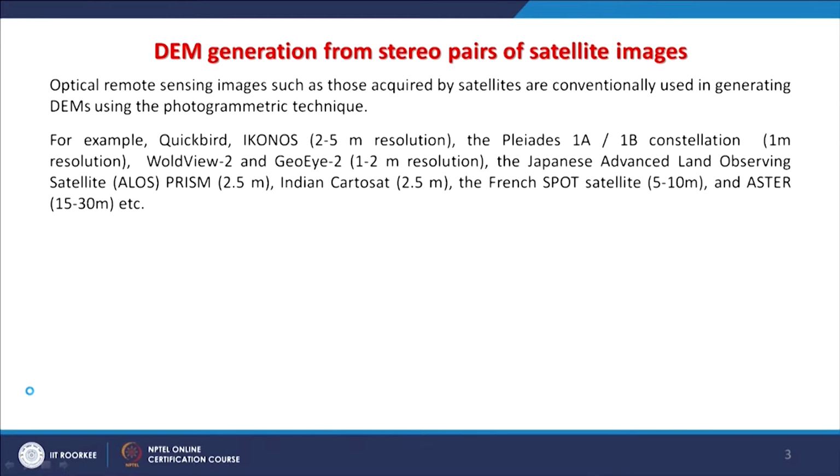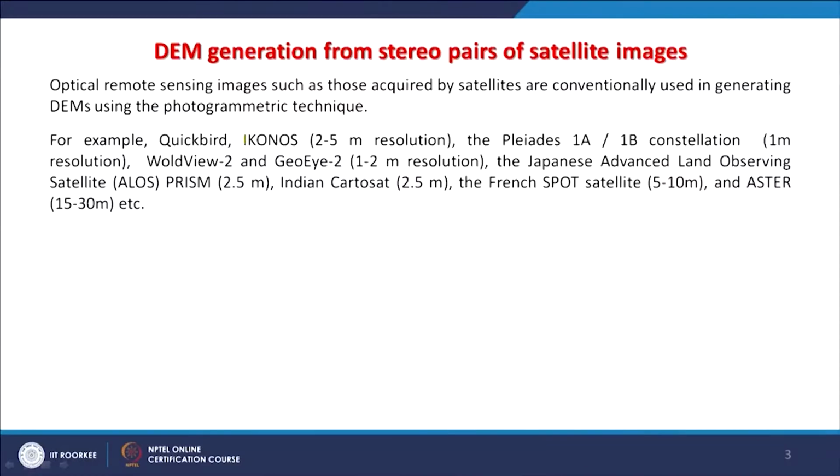For example, there are various satellites. The journey started using stereo pairs and generating digital elevation models with SPOT, but SPOT is no more in space. There are various other satellites which are providing, for example, IKONOS or QuickBird, which can generate digital elevation models at 2 to 5 meter resolution.